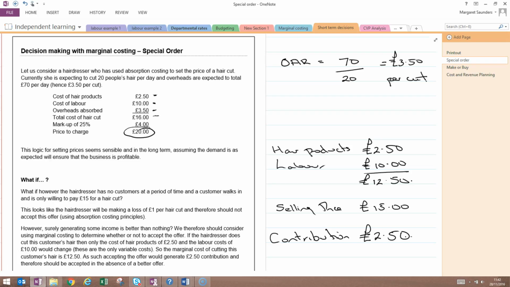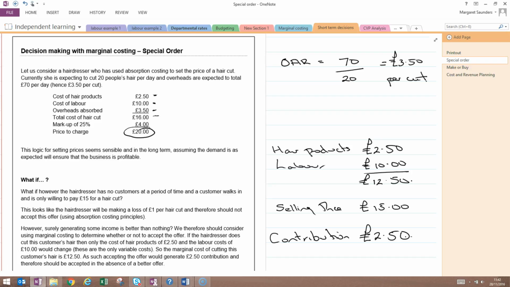So that £2.50 that is made on the haircut can help to go towards the overheads that are being incurred. So it would seem viable to accept this customer's suggestion and cut the hair for £15, because it's better to make £2.50 than make nothing at all, because the overheads still have to be paid.